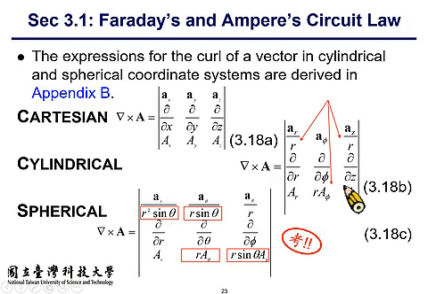Okay, and of course we begin our discussion about curl operation in the Cartesian form, which is relatively simple.